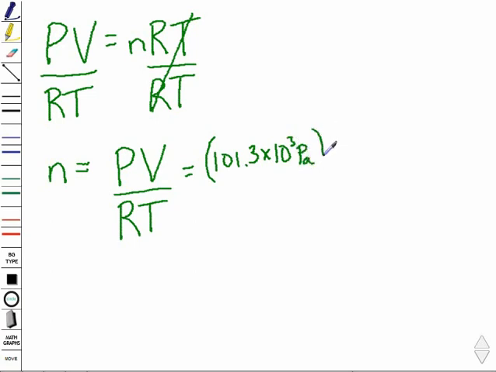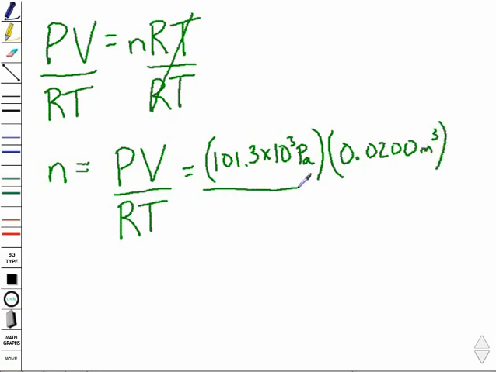We need to multiply this by our volume, and because the constant R uses the unit meters cubed for volume, we need to convert our volume into meters cubed, and our converted volume is 0.0200 meters cubed.